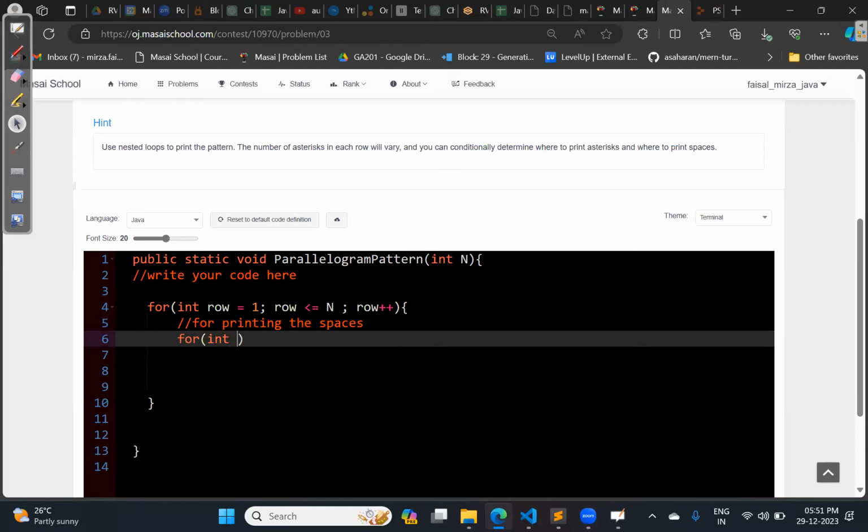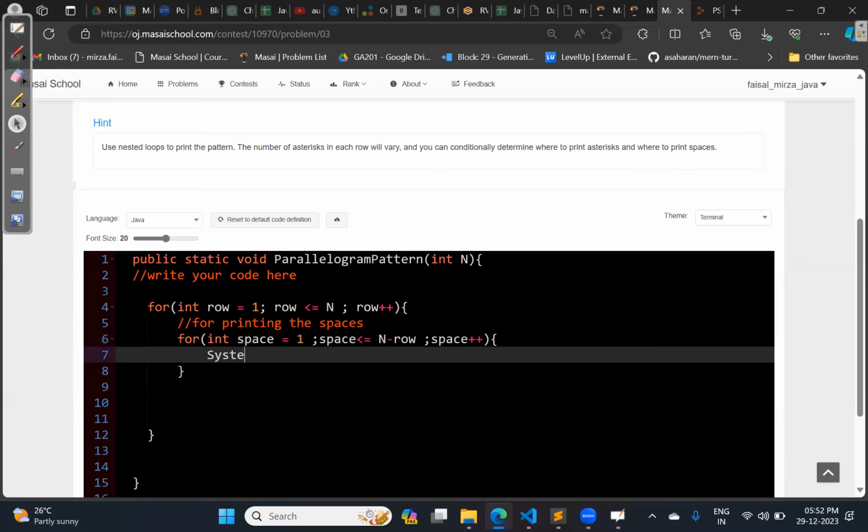Space starts from 1, then space should be less than or equals to what? Can I say n minus row? Is it right? Then space plus plus.